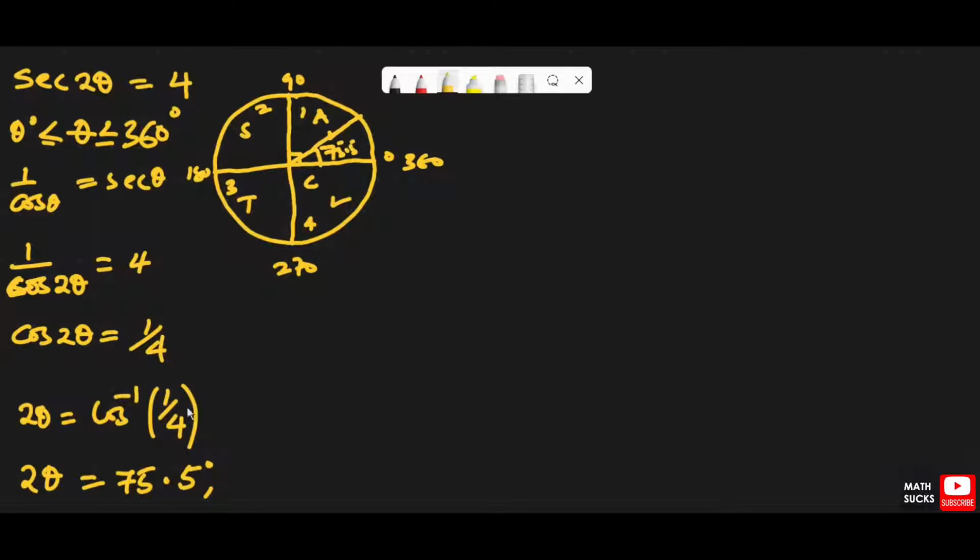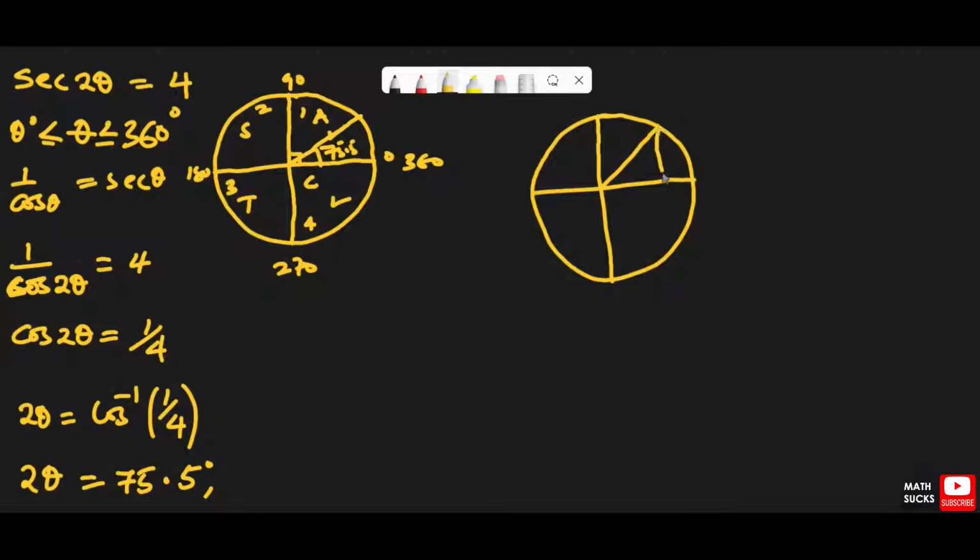So now we have our first angle, the double angle 75.5, and we need to find more angles. We know that we are looking for the first quadrant and the fourth quadrant. Let me redraw this circle once again so that we can generate all the angles clearly. Our first angle is in this quadrant, which is the 75.5, and our other angle is supposed to be here.